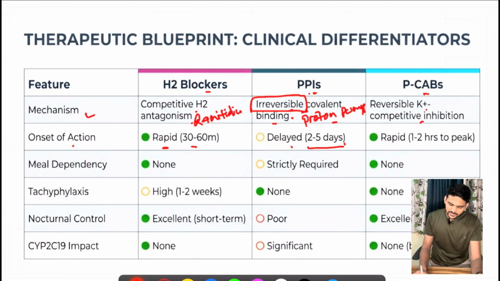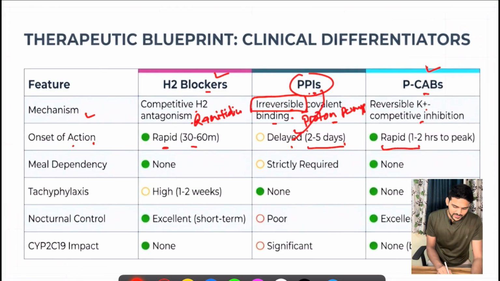The newer medications also have rapid onset of action. Why is it important? Because in acute conditions where the individual is suffering with acid related complications, and we need rapid suppression of stomach acid, we have to go ahead with either H2 blockers or the newer medications, because PPIs will take their own time for the onset of action.